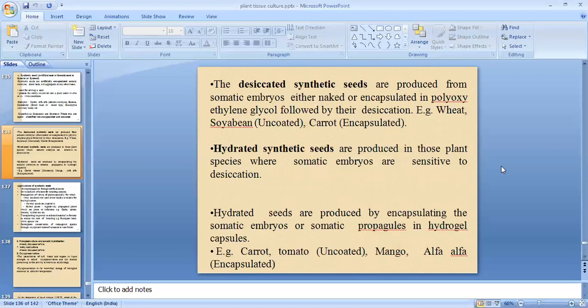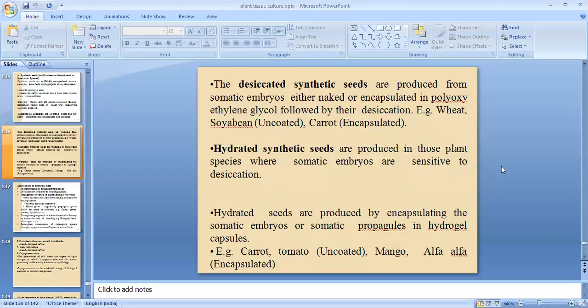Sometimes direct somatic embryos have the moisture content removed, or sometimes before desiccation they are encapsulated in polyoxyethylene glycol. The examples are wheat and soybean, where uncoated desiccated synthetic seeds are available. In the case of carrot, encapsulated desiccated synthetic seeds are available.